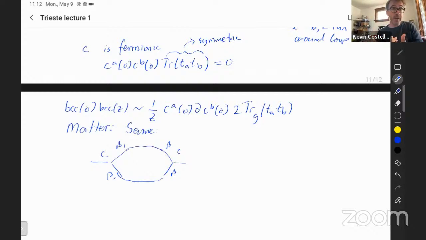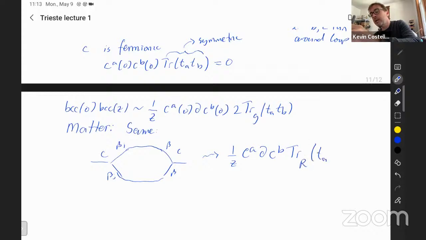And we're going to do a Wick contraction where all the matter fields are contracted. And we find 1 over z, C^A, derivative C^B, that's the trace in the matter representation, T^A T^B. And to be careful, this one came with a minus sign because they were fermions, and the other one comes with a plus sign.